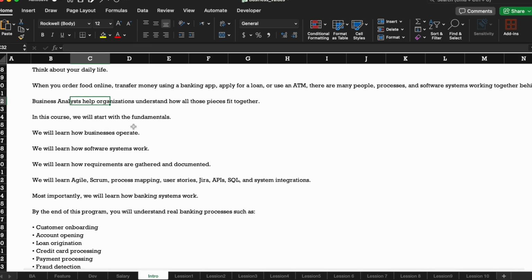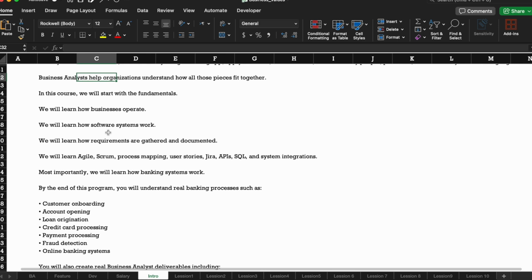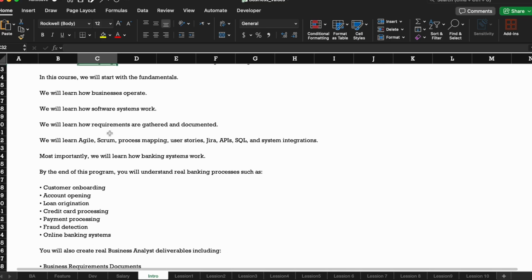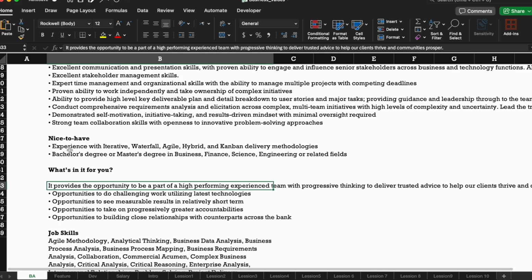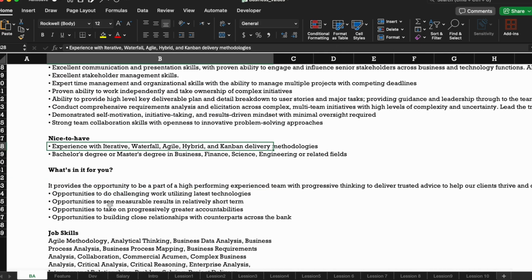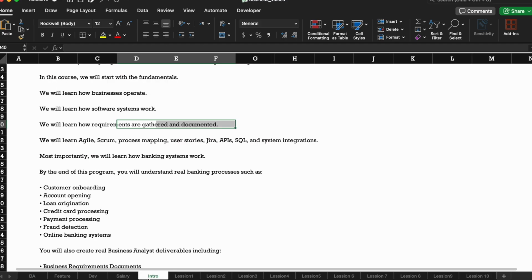So in this course we will start with fundamentals: you will learn how businesses operate, how software systems work, and how requirements are gathered and documented. And you have seen the job posting, right? Let me show you again here. These are the nice-to-have items, right? So we will learn Agile, Scrum, process mapping.